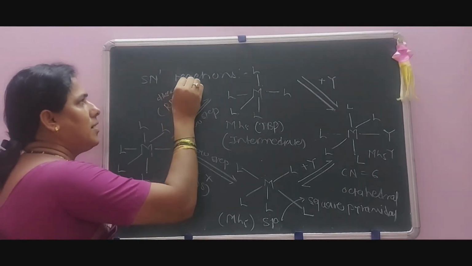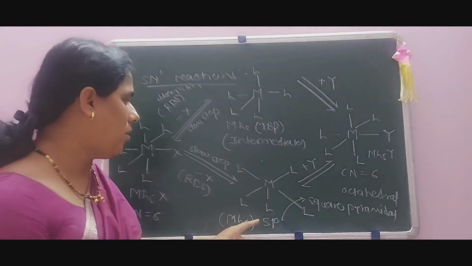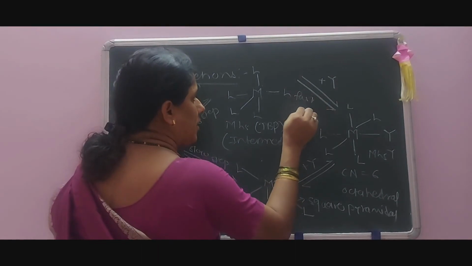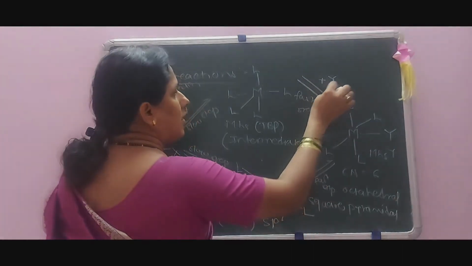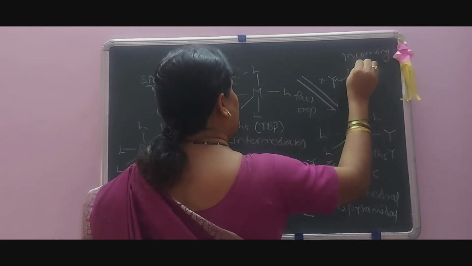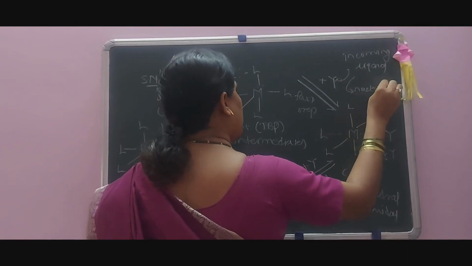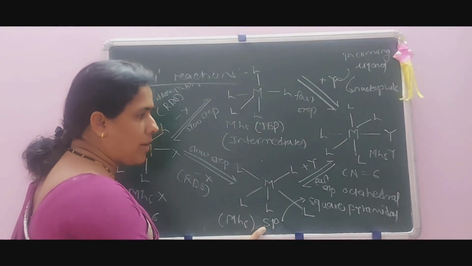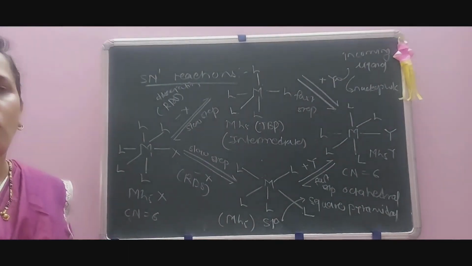In the SN1 reaction mechanism, there is the formation of either trigonal bipyramidal or square pyramidal intermediate. Then the fast step: the incoming ligand, also called the nucleophile, attacks this complex, and thus there is the formation of a stable octahedral complex ML5Y.